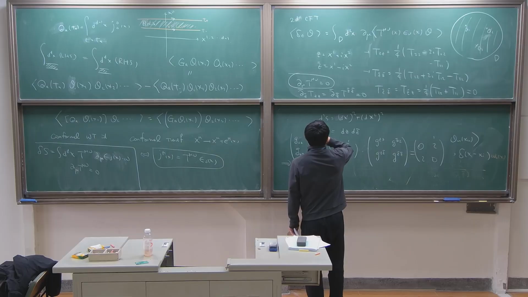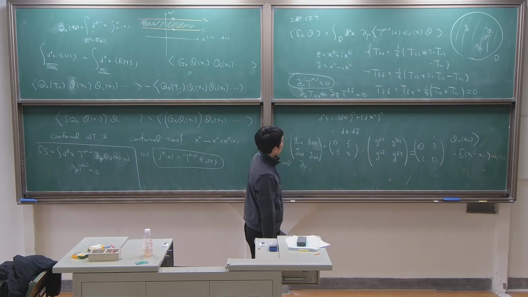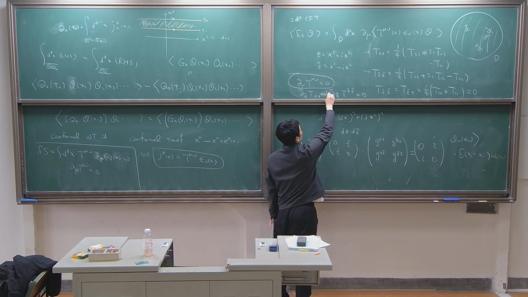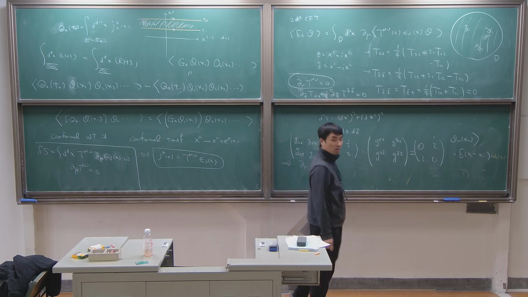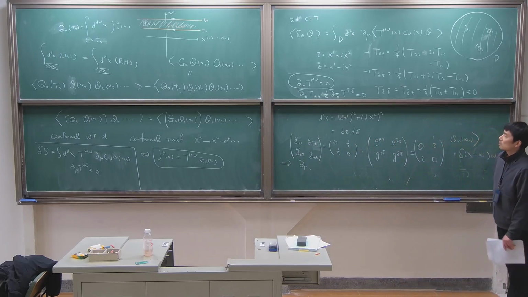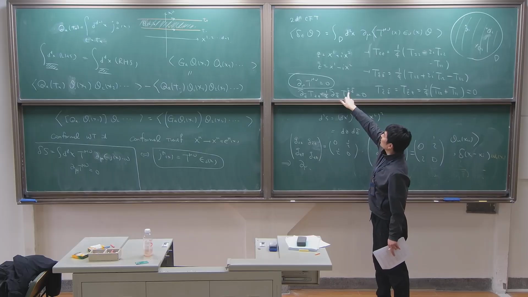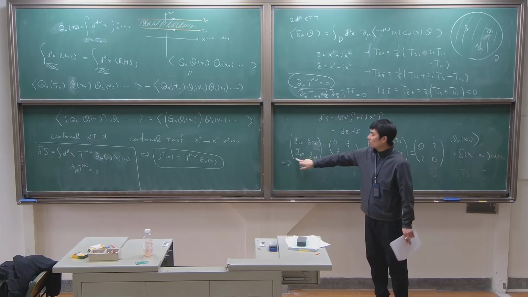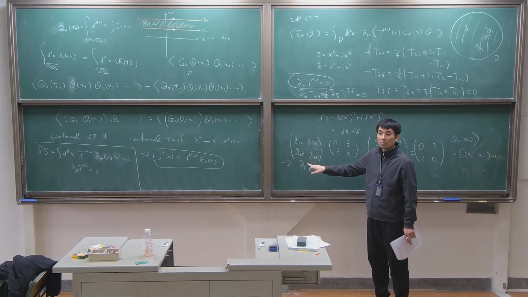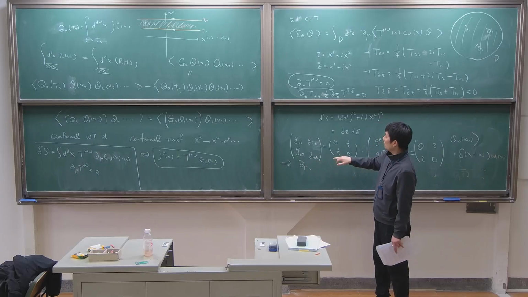So therefore, strictly speaking, this is equal to, let me think. There are some numbers involved. What should be the case? Maybe 4 here? To lower z bar into z, you have to use this component.